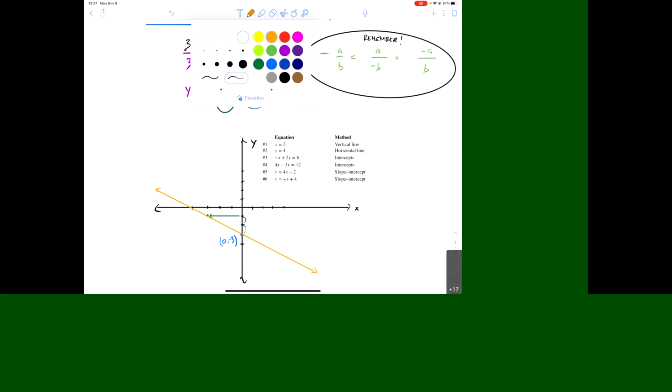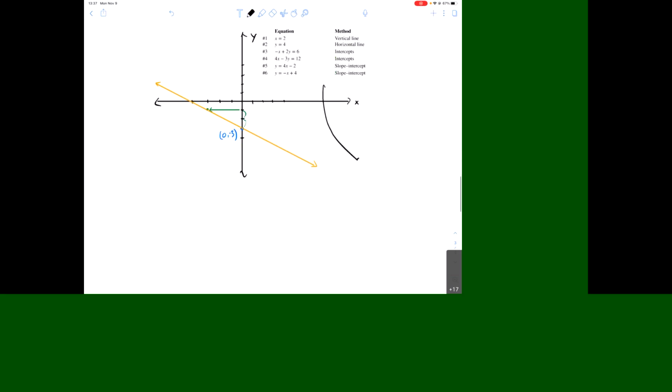I'll draw a little line here and call it strategies, loosely, to pick which graphing method to use.